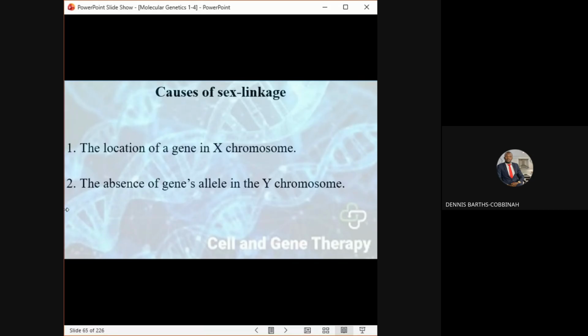Let's look at causes of sex linkage. When we talk about linkage, we are talking about a phenomenon where alleles present on certain chromosomes are inherited together.